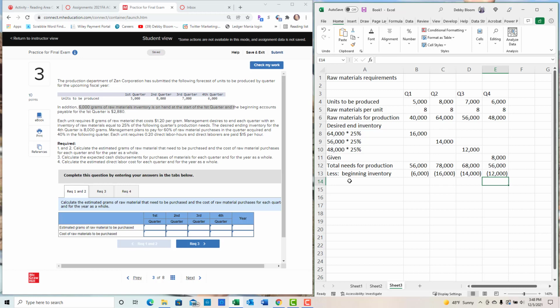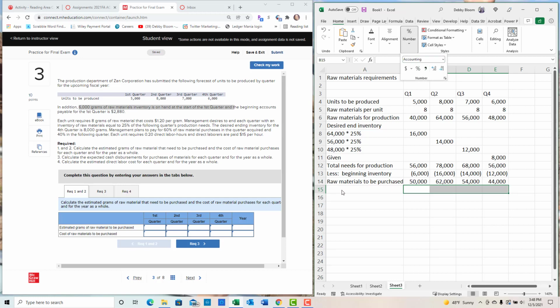That would have been a mistake. So if I take the total needs for production and subtract the beginning inventory, I get the estimated grams of raw materials to be purchased. So 50,000, 62,000, 54,000, and 44,000.